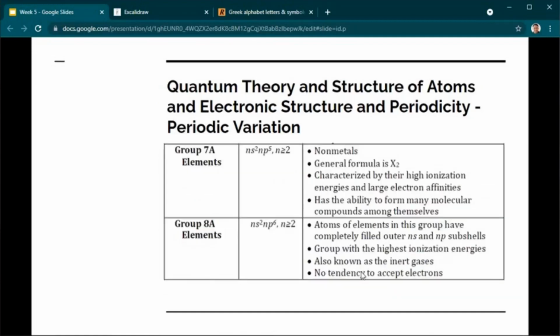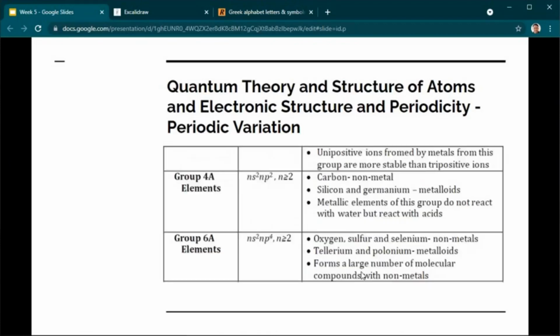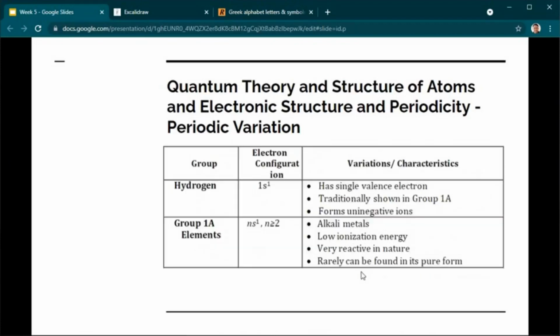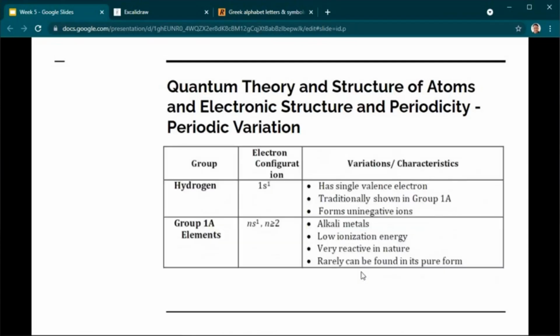So we have a summary of our general trends, the characteristics per group of our elements. We have hydrogen, since it is the most unique one in 1A.